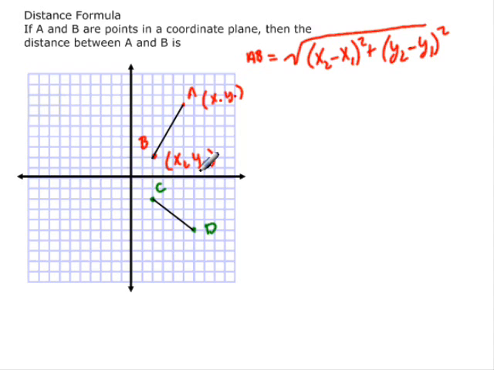Well, we can count in the coordinate plane. C has the coordinates of over 2 and down 2, so that is 2, negative 2. D has the following points: 1, 2, 3, 4, 5, 6, and then down 1, 2, 3, 4, 5, so it's a negative 5.